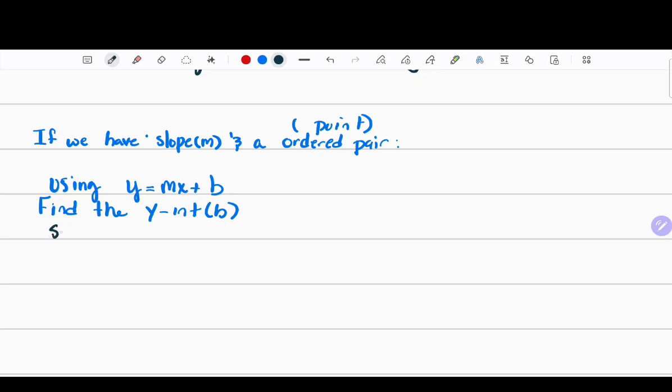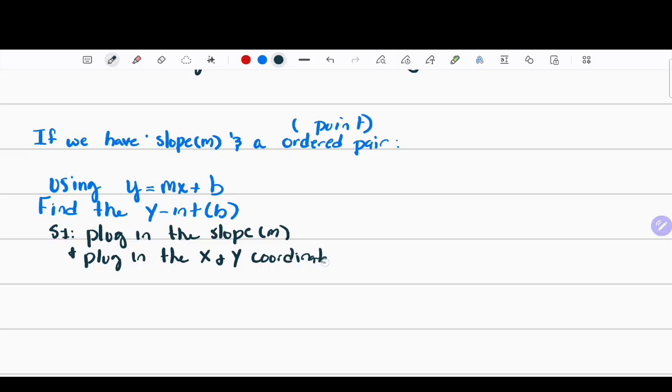So step 1, we're going to plug in the slope to our y equals mx plus b, and plug in the x and y coordinates.